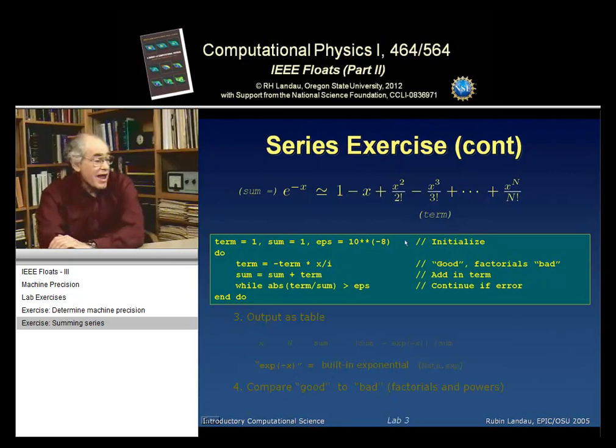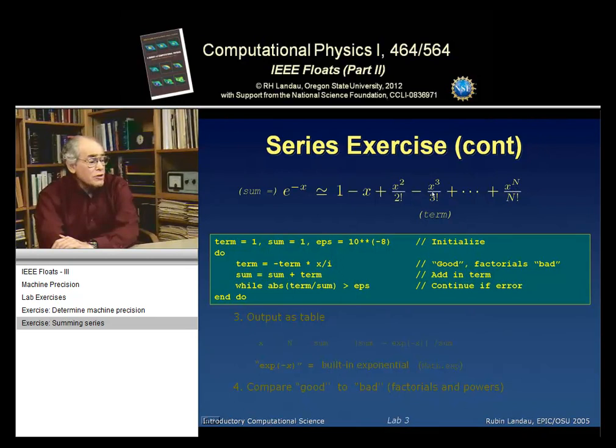Okay. Now, let's look at this series up above, the mathematical equation, and let's look at the code. As we've mentioned in the book, for sure, the best way to compute this is not to compute n factorial, because n factorial is very, very large. It may overflow, and x to the n may overflow.